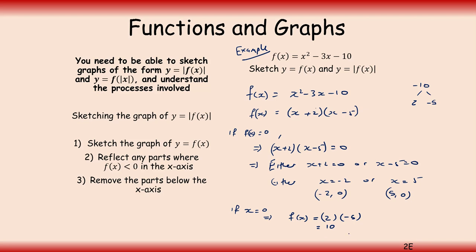So we've got a third coordinate at 0, minus 10. Wrong way around. Let's rub that out. 0, minus 10. And blue. There we go. So 0, minus 10. Marvelous. So we've got 3 coordinates. We can sketch our curve then.